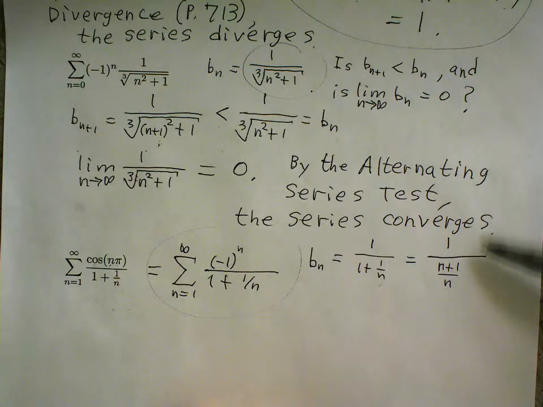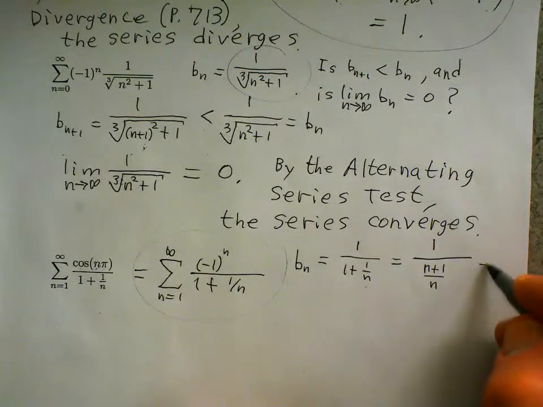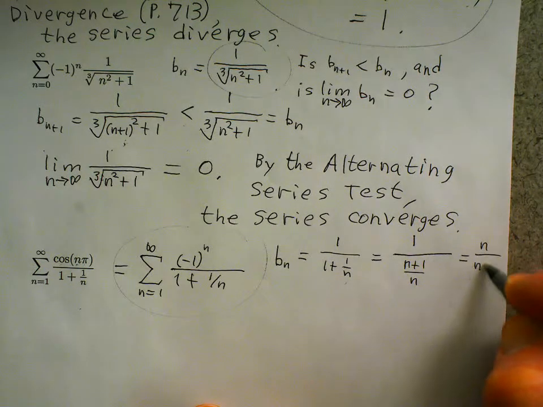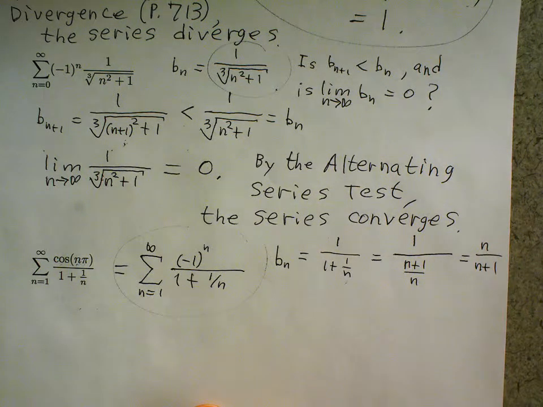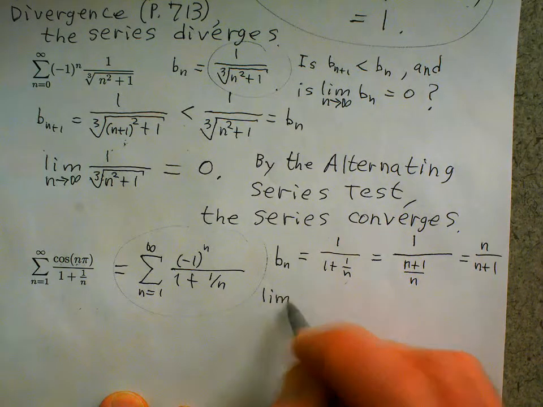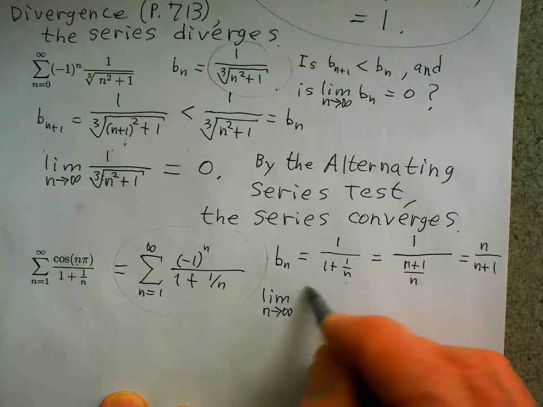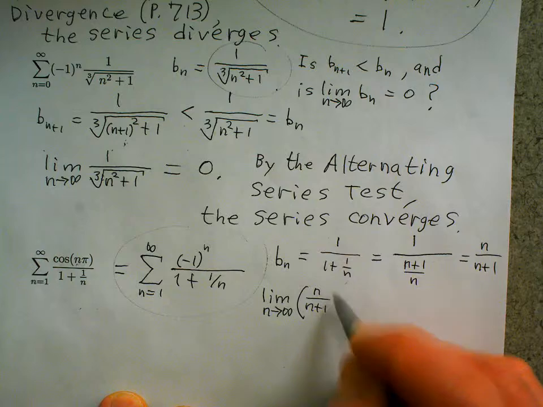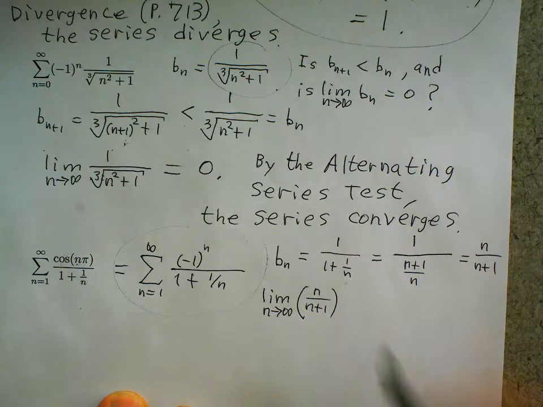And 1 divided by n plus 1 over n is n over n plus 1. Okay, so the limit as n approaches infinity of the b sub n terms, which is just the limit of n over n plus 1, this limit is equal to 1.